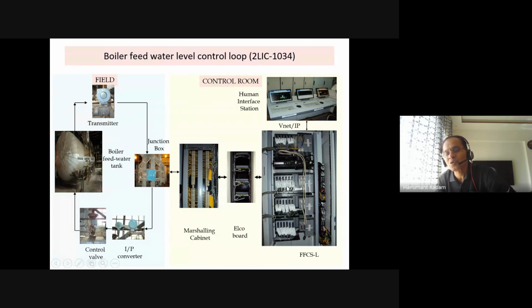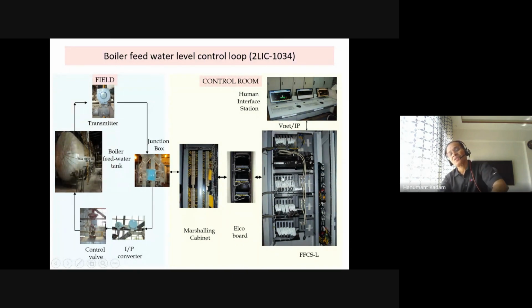These are the racks, in different racks. Based on the plant capacity, you have input cards, output cards. There you can see the tag which mentions which cable this input card is taking inputs from, and where this cable goes.